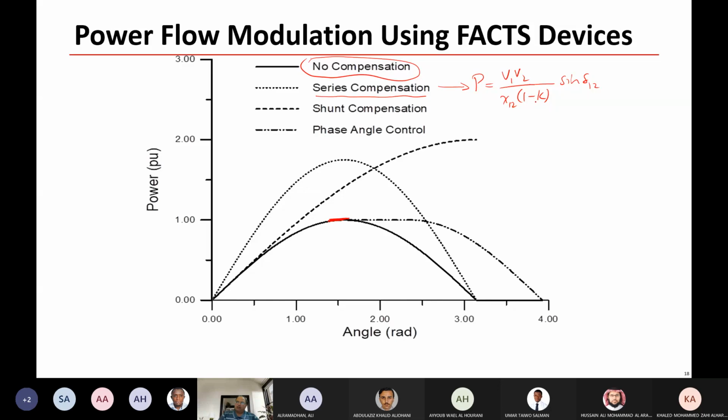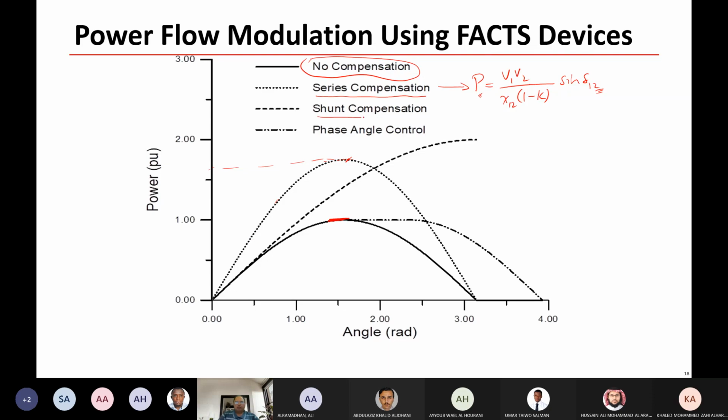So if it is 40%, 50%, whatever, then you can have the same power. Maximum occurs at 90 degrees, but the Pmax is scaled up. So this is for series compensation. This curve for series compensation is the same sinusoidal, but of course you can have a higher Pmax here.